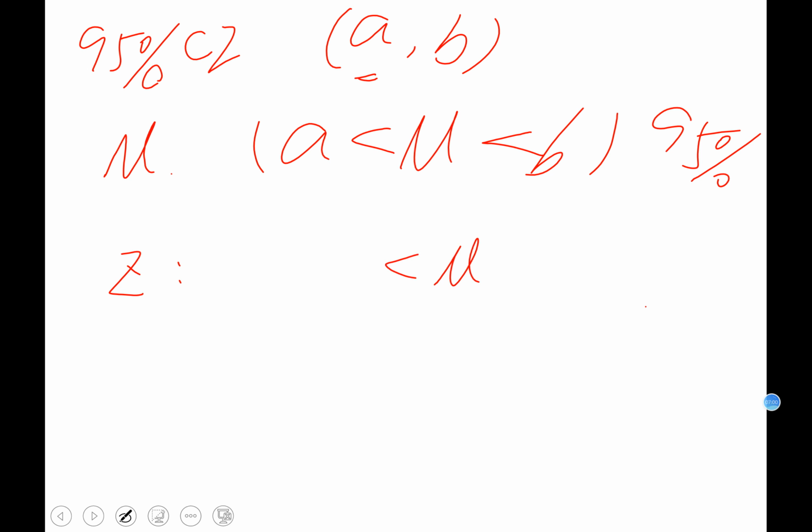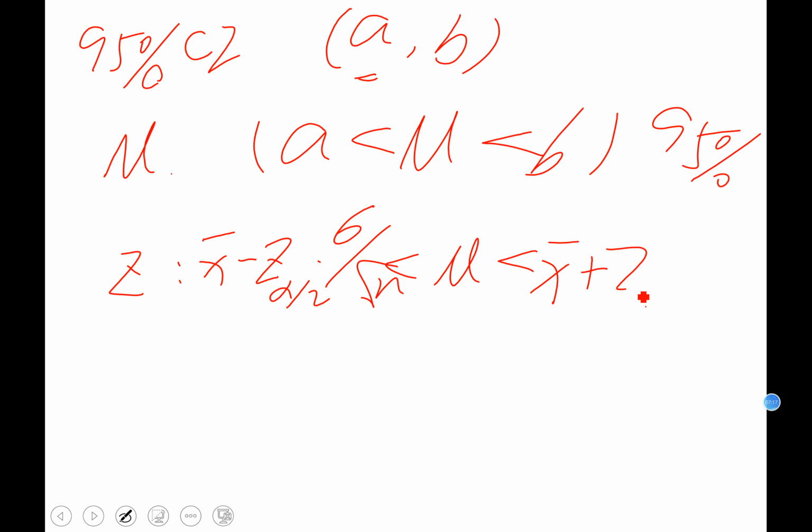Mu is more than x bar minus Z half alpha times sigma over square root n, and less than x bar plus Z half alpha times sigma over square root n. This is the first method for the 95% confidence interval. It's based on Z distribution.